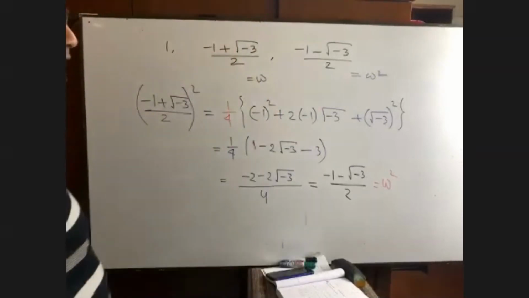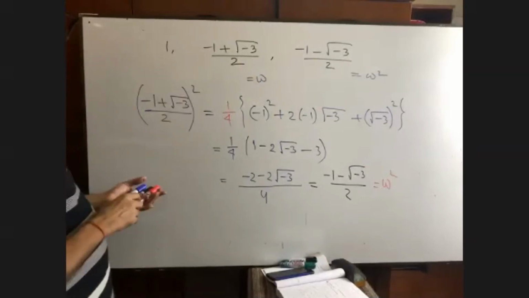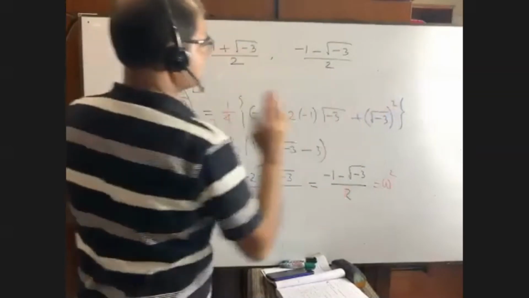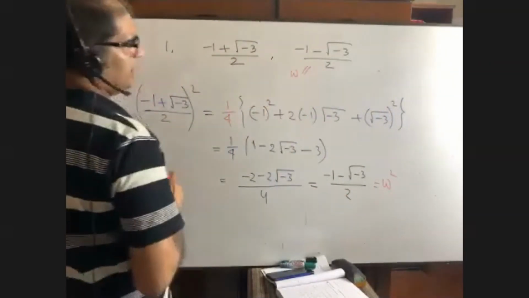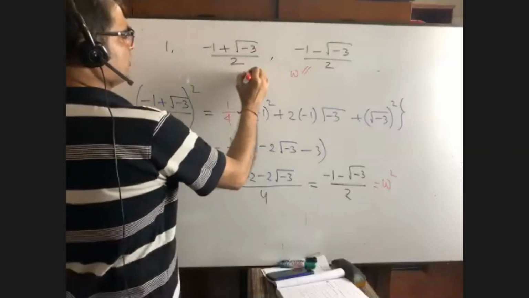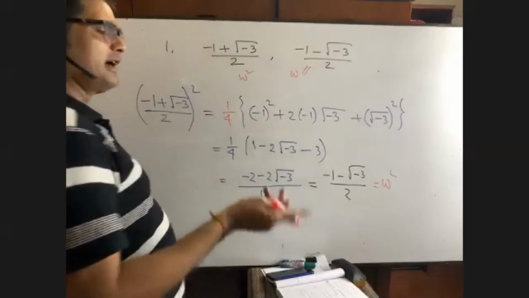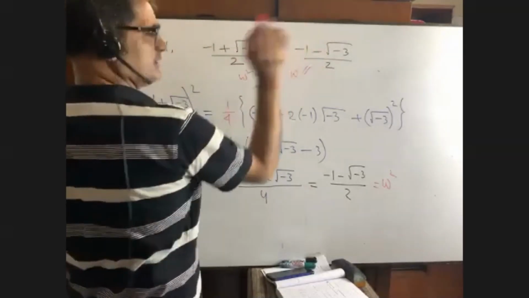Okay, let's see what is going on now. Suppose you forget this now. Suppose it is now omega, and we are telling that it is omega square. Okay, let's see. Is it possible? What have I got now? Its square is this, right?